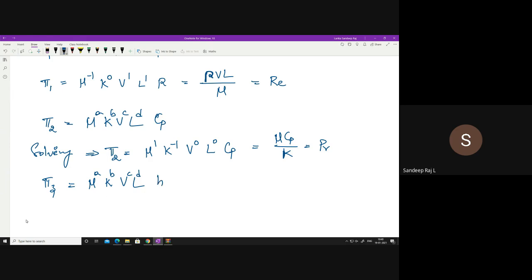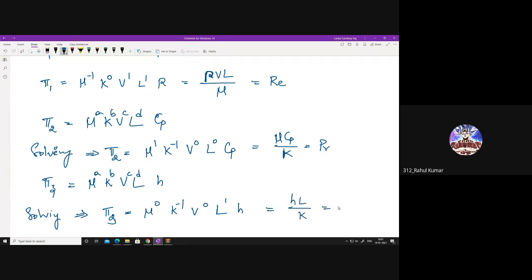You solve, and what you get is, sorry, this is pi 3: mu to the power of 0 and K to the power of minus 1, V to the power of 0, L to the power of 1 and h. So what you get here is hL by K. What is this formula? This is the Nusselt number formula.